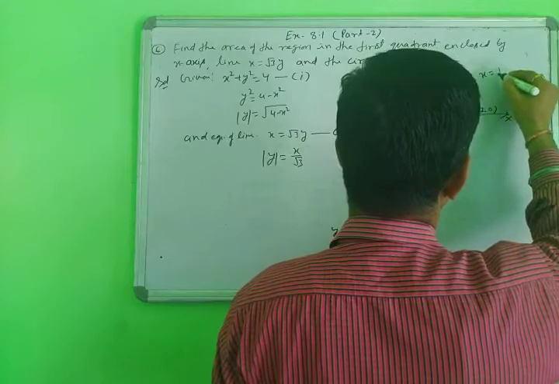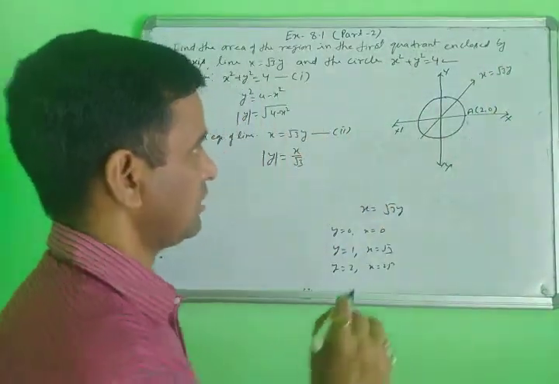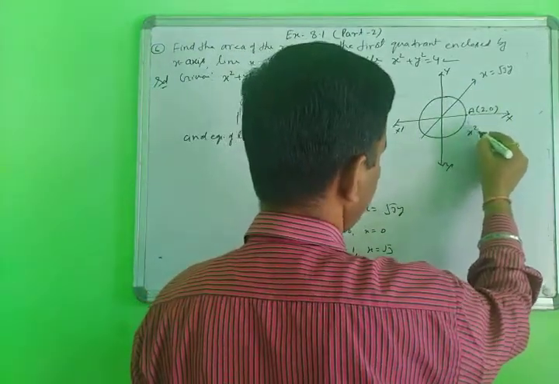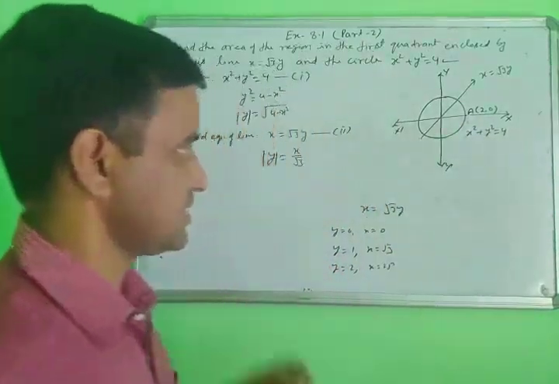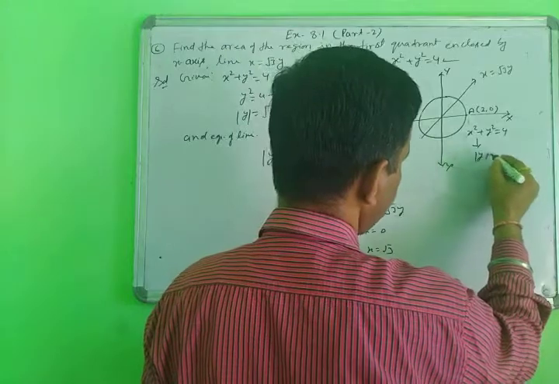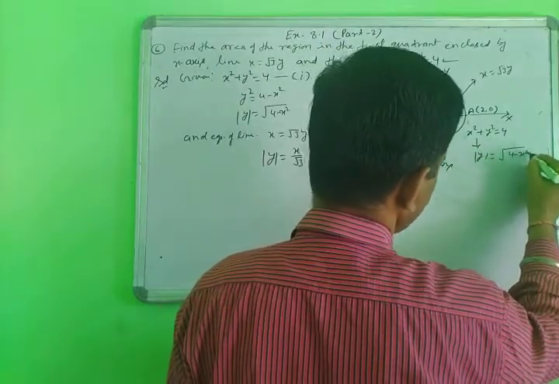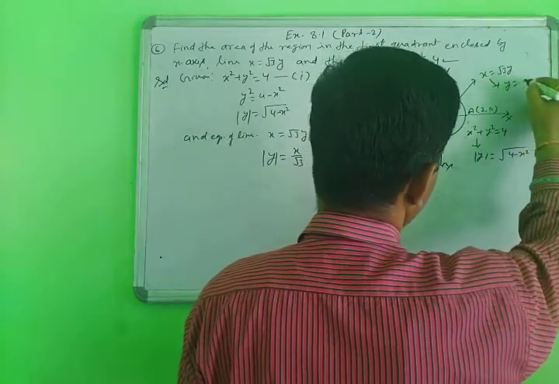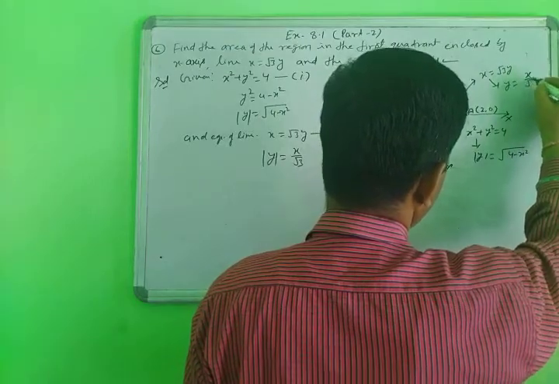x equal to root 3 y is this line, and this is the equation of the circle, x square plus y square equal to 4. This circle equation is converted to mod y equal to root of 4 minus x square, and the line is converted to y equal to x upon root 3.